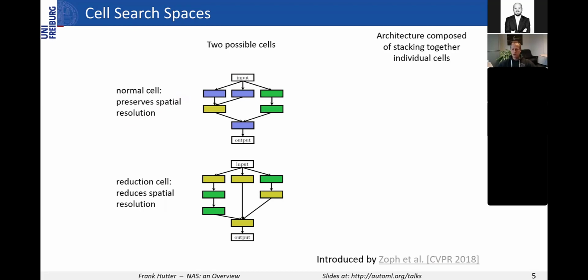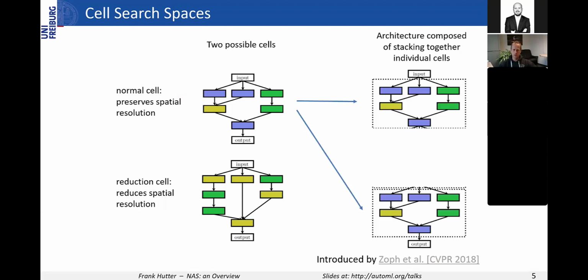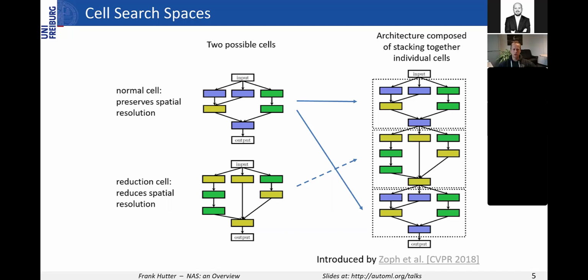Then you can compose an architecture by stacking together individual cells. For example, you take this normal cell, have it in the beginning and in the end of the network, and in between you have a reduction cell. In practice, they would have maybe stacks of 10 or 18 of these normal cells, and in between a few reduction cells in order to reduce the spatial resolution.